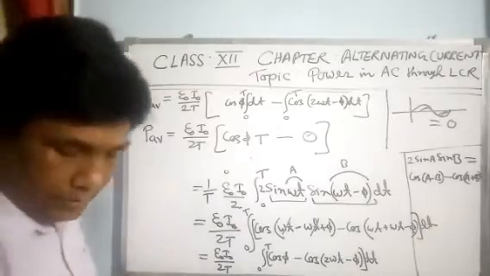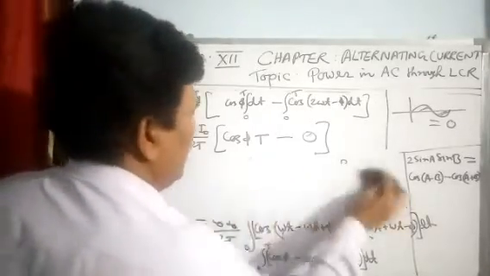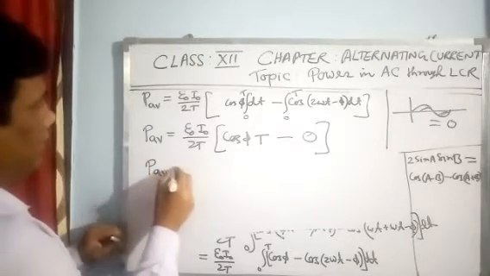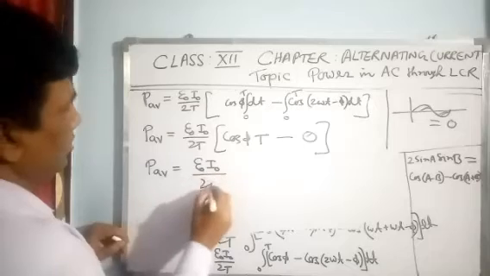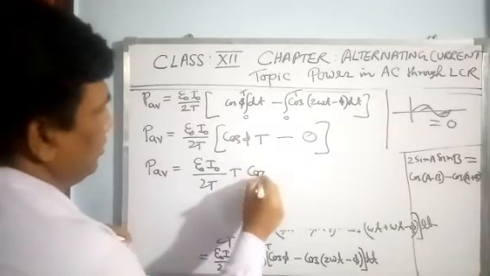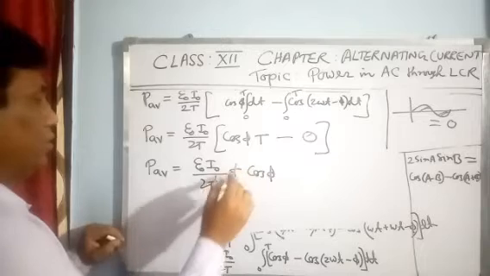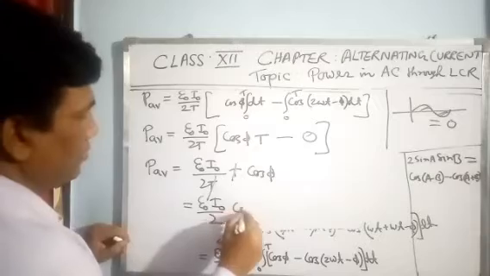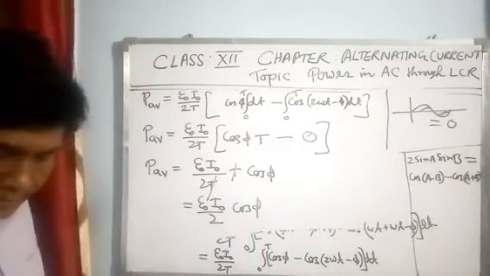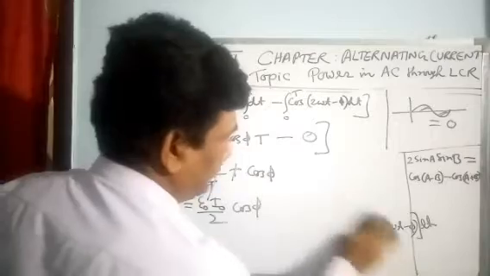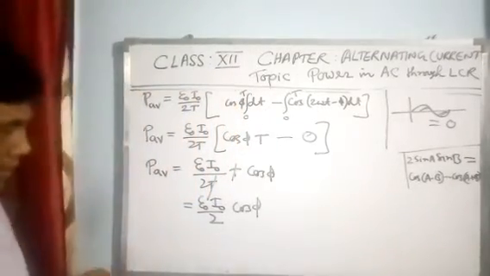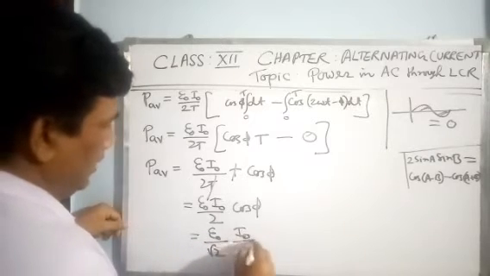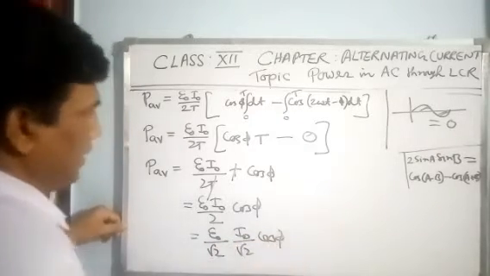So power average equals E naught I naught upon 2T, and that T got cancelled. It means power average equals E naught I naught by 2 cos phi. Again, it can be redesigned as E naught by root 2 times I naught by root 2 times cos phi.